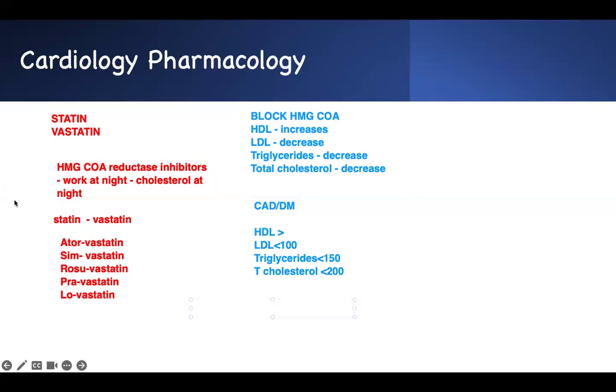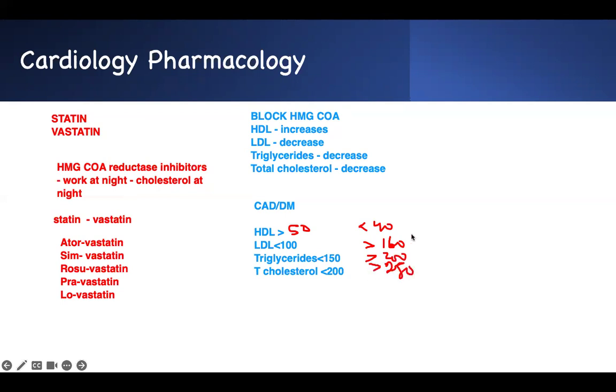The caveat is if somebody is taking a medication. For example, you may see in the NCLEX somebody is taking this, and his HDL, which we want to make greater than 50, is probably less than 40, and LDL is greater than 160. Triglyceride is greater than 200, and total cholesterol is greater than 250.